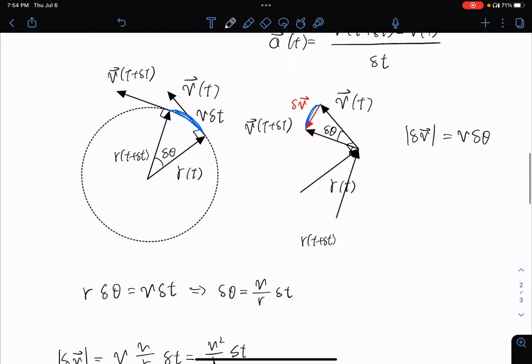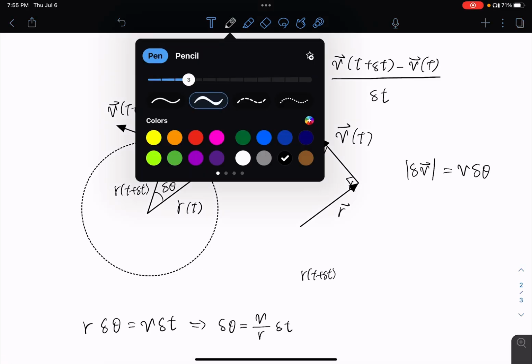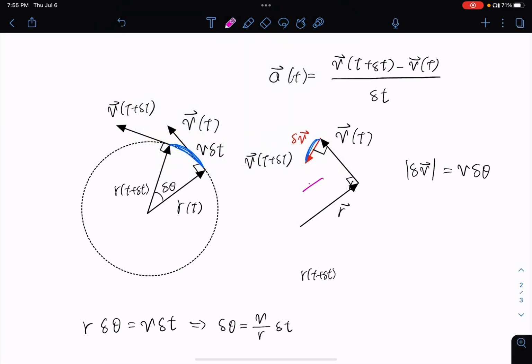And because it is going backward, let me remove this. This is the position at that time, and if the delta t here is very small, this angle is also going to be 90 degrees. So the acceleration, which points the same direction as delta v, will be going backward compared to the position of the particle.